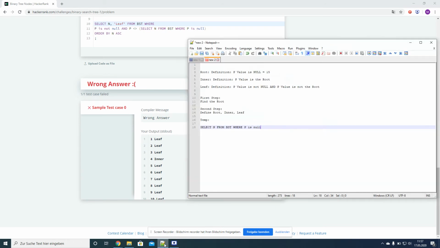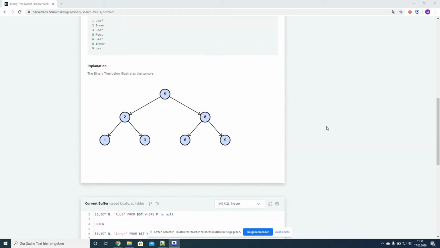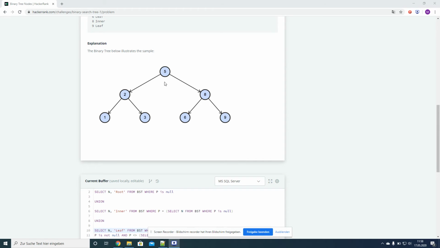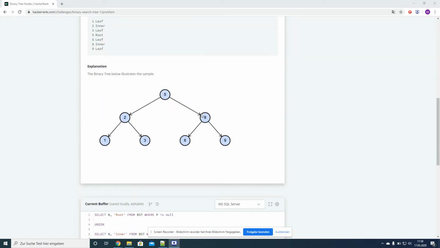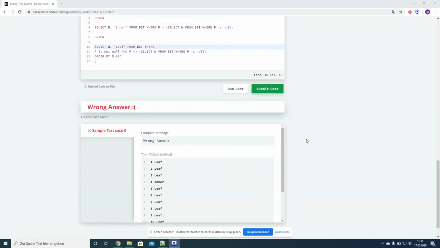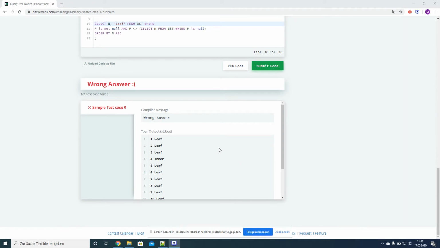Obviously my definition of them was not right. We defined the leaf as p-value is not null and p-value is not the root. But this seems like an insufficient definition. Why? Because we were looking at this example and there the case is true, but here we have only 3, 6, 7 nodes, and in this case it is true, but this definition is not sufficient for our case now, as we have here 15 roots.